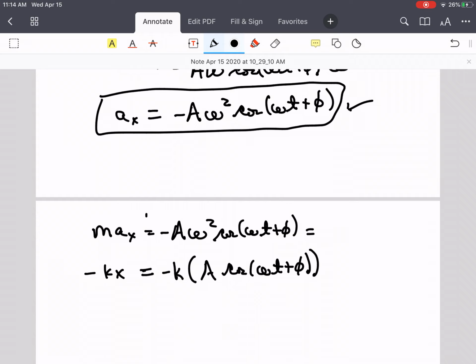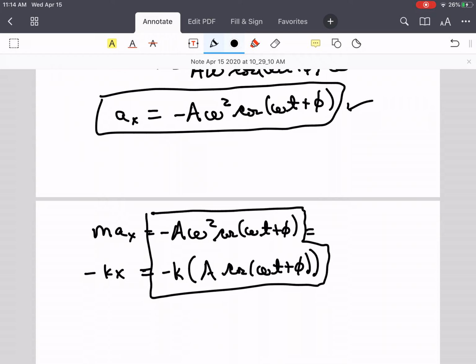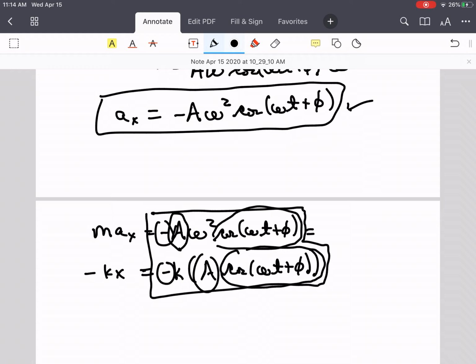So what do I have to do to get these two sides of the equation to match up? Notice that they both have negative signs, they both have A's, and they both have cosine omega t plus phi. So the only thing I have to do is to get the rest to match up. And I'm sorry, this is mass times acceleration. There should be an m here. Let me quickly rewrite that here.